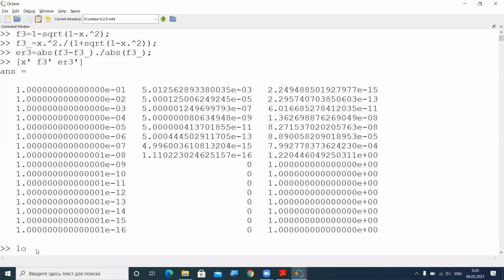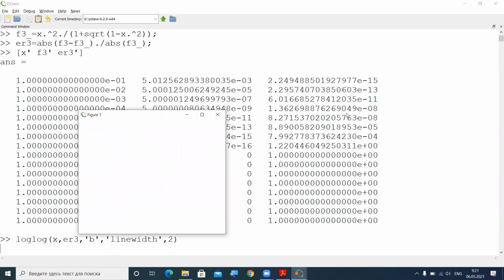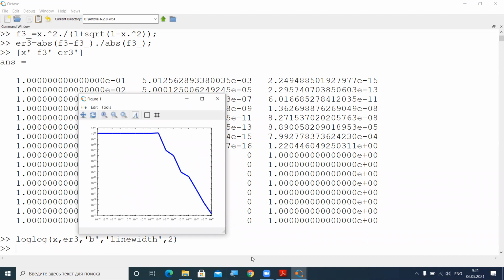In this exercise, we could also consider a logarithmic scale for just one axis, for example the y-axis. That's also possible. Here it is log for both axes, the first variable and second variable, and you can give any color and line width. Now just enter, and here we have our graph.